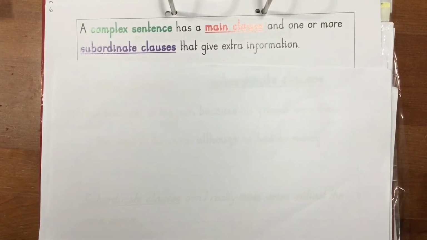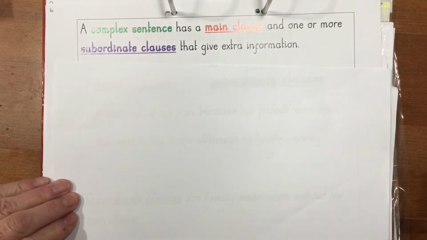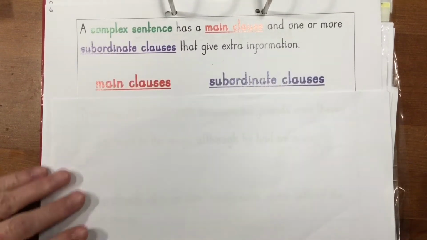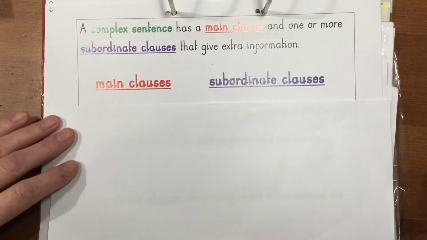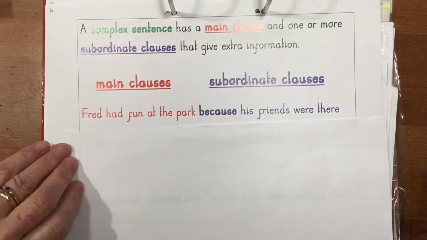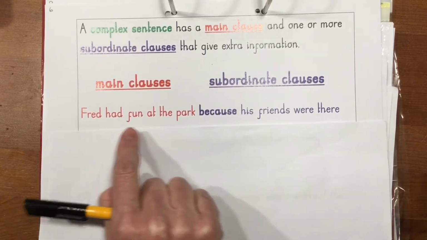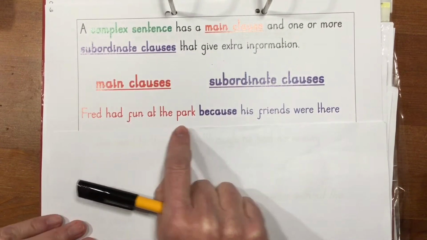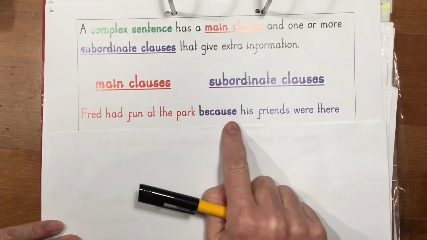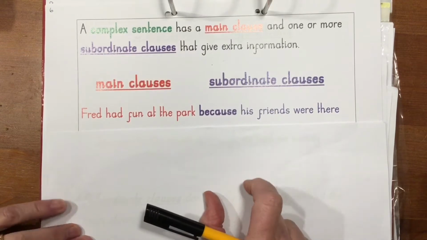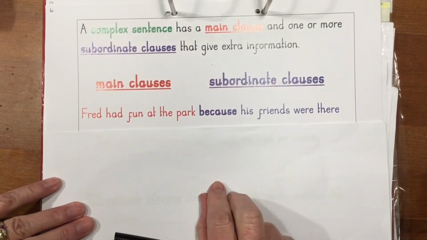Now a complex sentence has a main clause and one or more subordinate clauses that give extra information to the main clause. So, this main clause, Fred had fun at the park, could have the subordinate clause because his friends were there to give more information about why Fred had fun at the park.